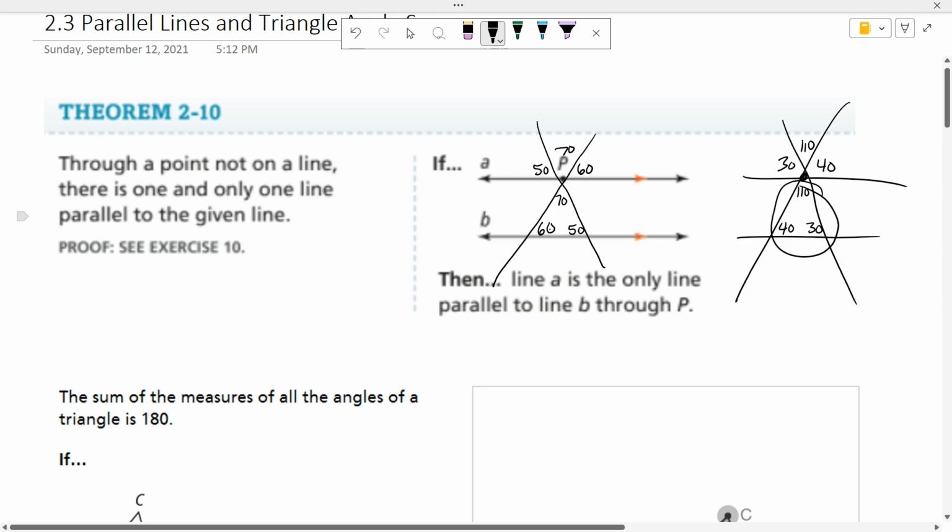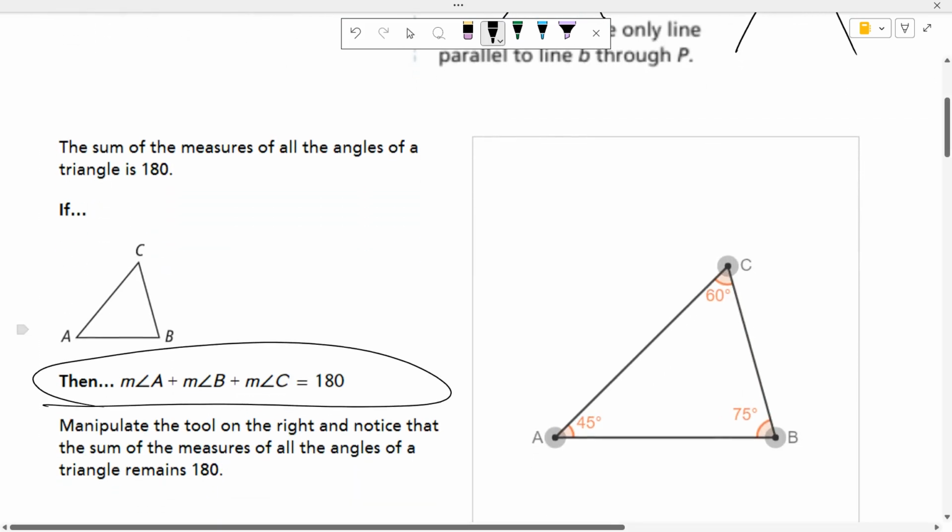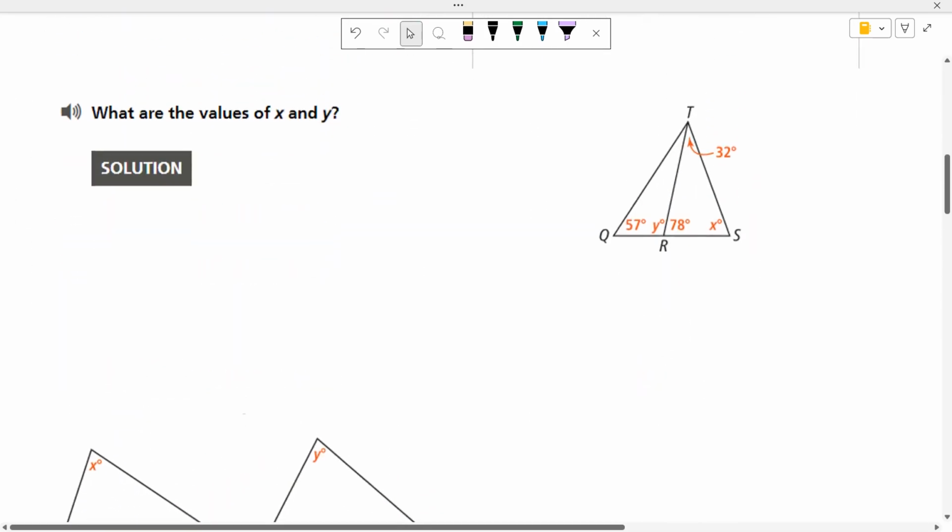They're always going to add up to 180, because this line is 180. Just because this line always adds up to 180, these angles have to always add up to 180. So in a triangle, the three angles inside the triangle always, no matter what, add up to 180. Okay? They always add up to 180.